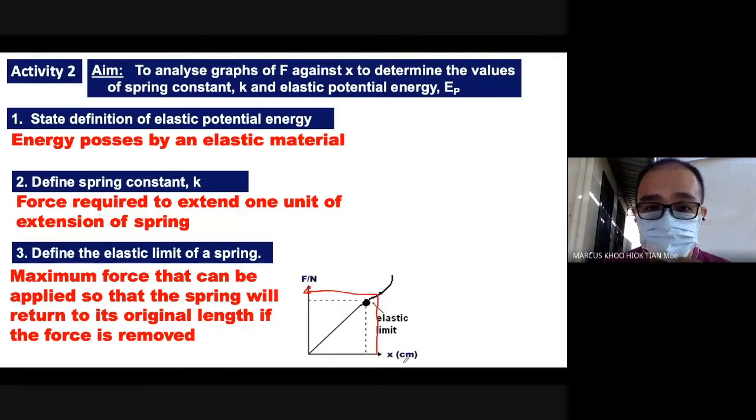Remember, Hooke's law only applies selagi spring itu masih elastic. As long as the spring is still elastic, then Hooke's law boleh pakai. The moment dia spring hilang dia punya elasticity, then Hooke's law tak boleh pakai sudah. Hooke's law dia cakap directly proportional, bukan weird looking shape graph lah.